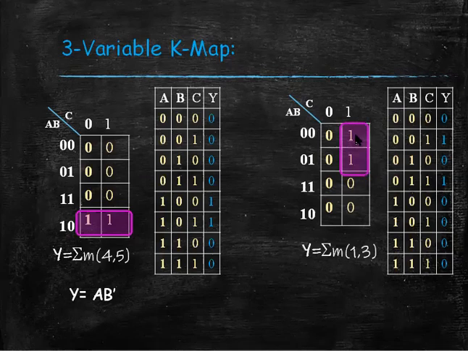When we look at these ones, it is a pair. Here this C is not changing. When we move downward, look at these parameters also. 0 0 is changed to 0 1. Which variable is changed?